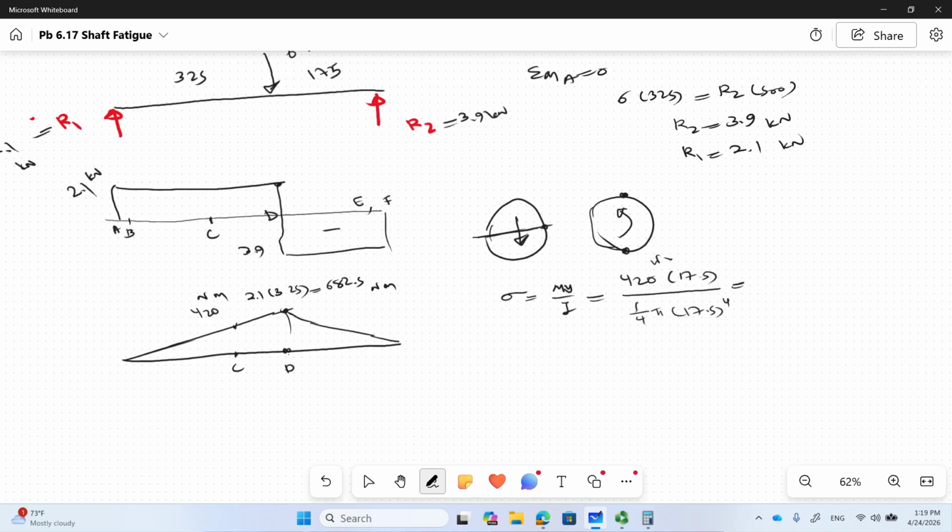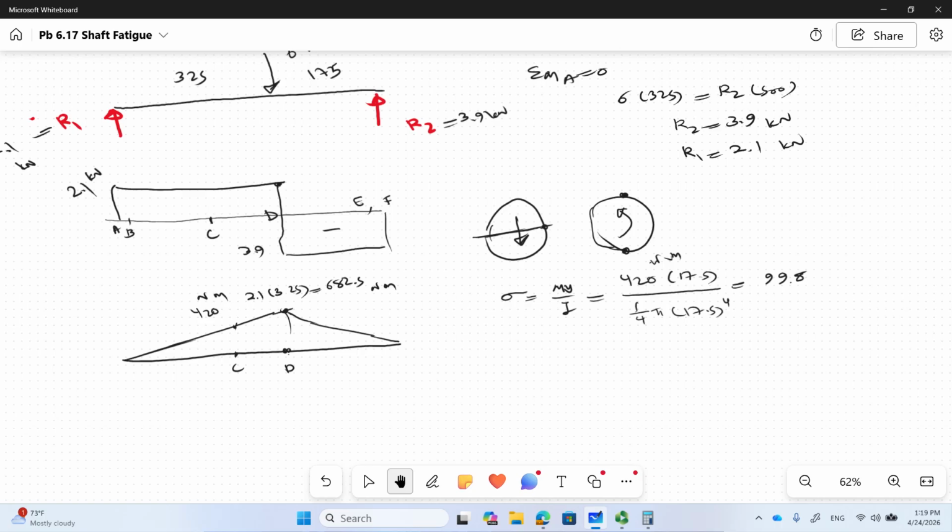By the way, the moment is in Newton meter and everything else is millimeter. If you want your results in megapascal, you have to have Newton and millimeter. So if you convert that 420 to Newton millimeter, I need to have a 1,000 here. If you do that, your bending stress is going to come out 99.8.